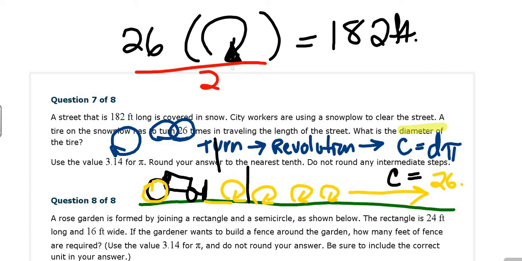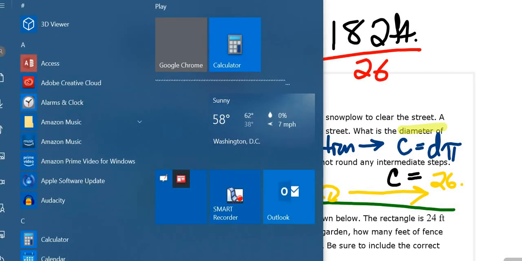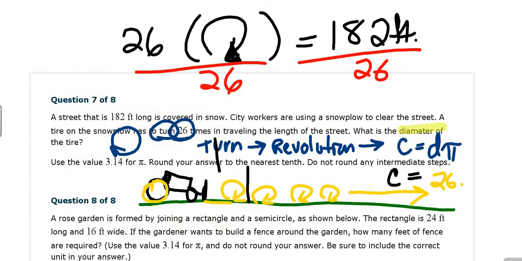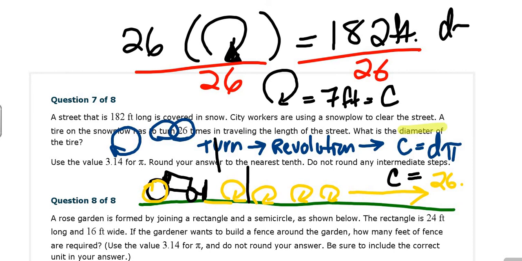So we divide by the 26. So what we get is for each turn, we get 7 feet worth of travel, which equals our circumference. So d pi equals 7.